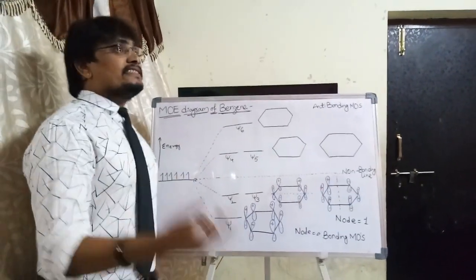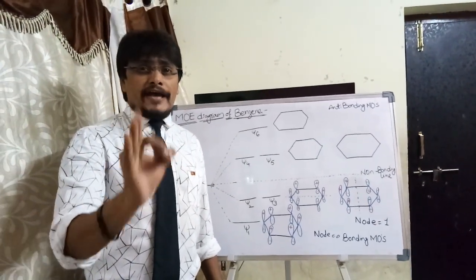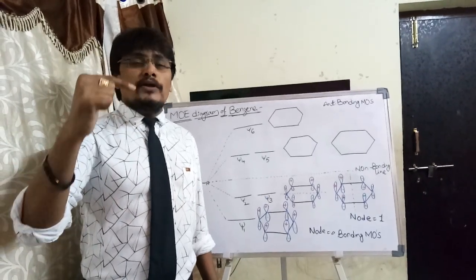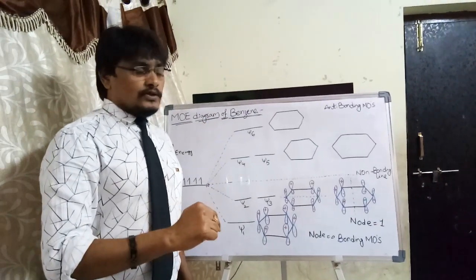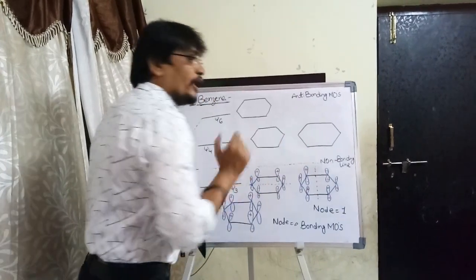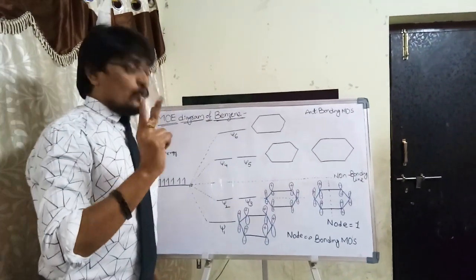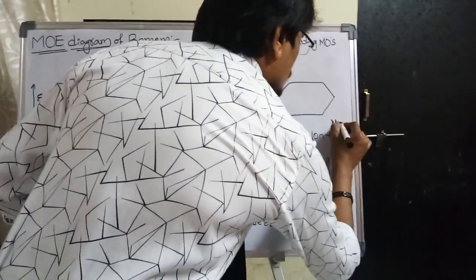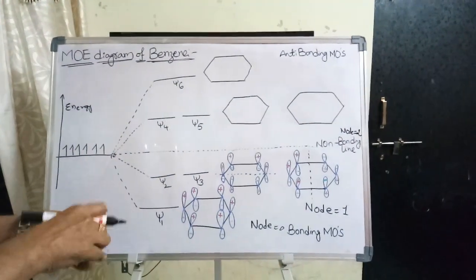The number of nodes in the molecular orbitals is directly proportional to energy, so the next molecular orbitals will have more nodes than the previous ones. The previous ones are associated with 1 node; now these will be associated with 2 nodes.